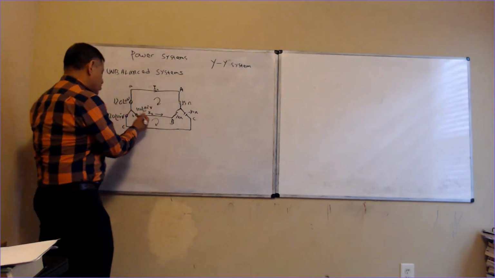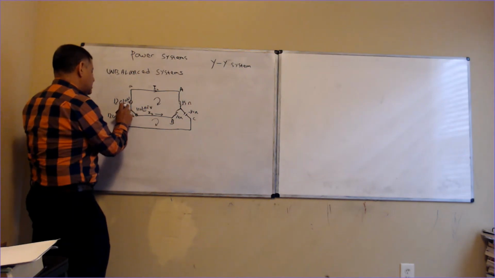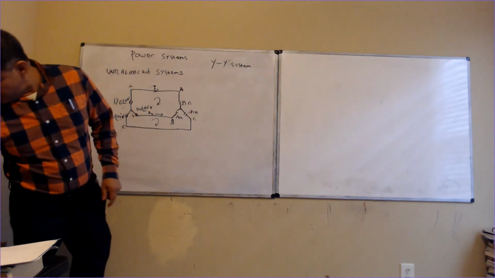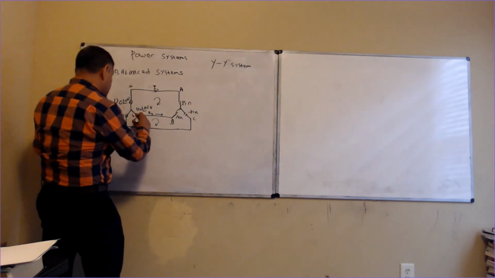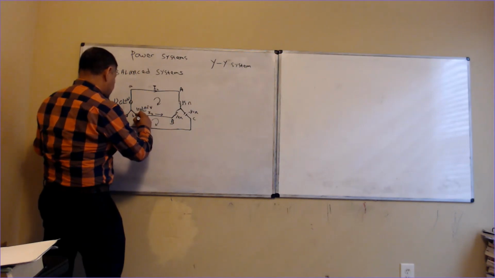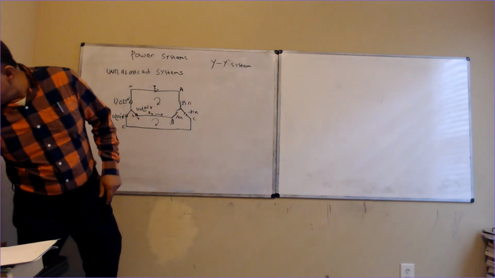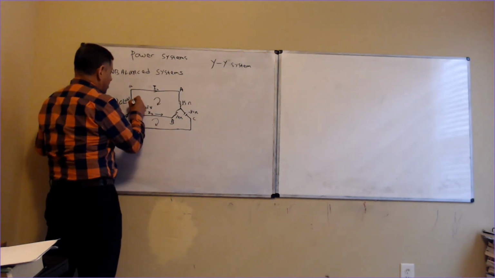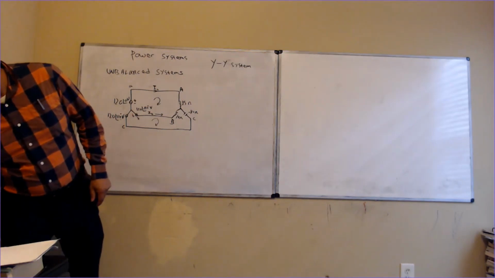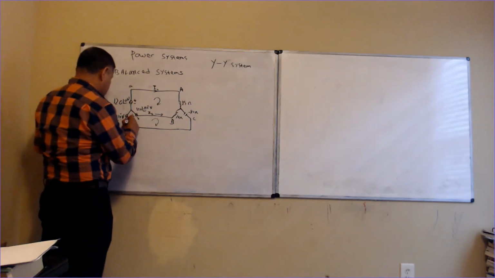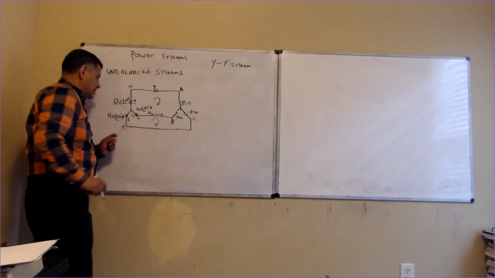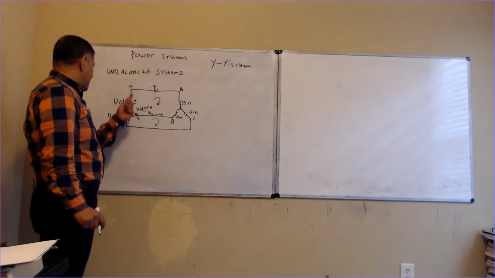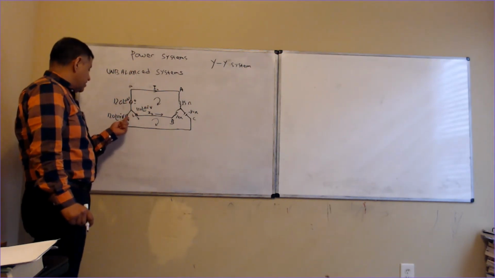Starting up here, going in this direction, we go from plus to minus, and then over here from minus to plus, and over here from plus to minus. So positive to negative, negative to positive, and over here positive to negative, right?